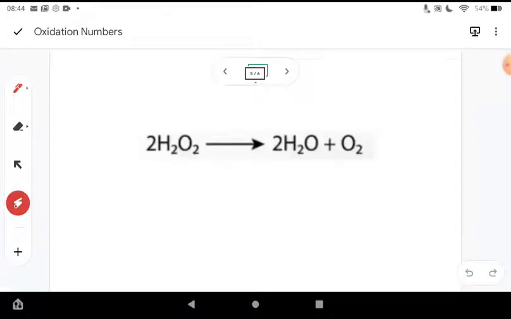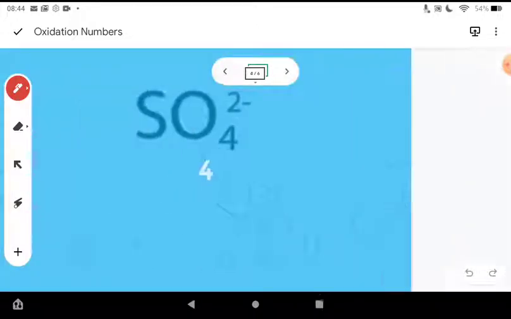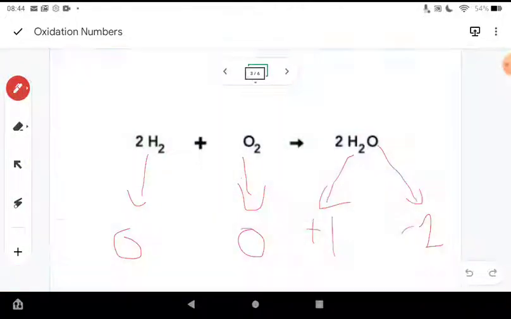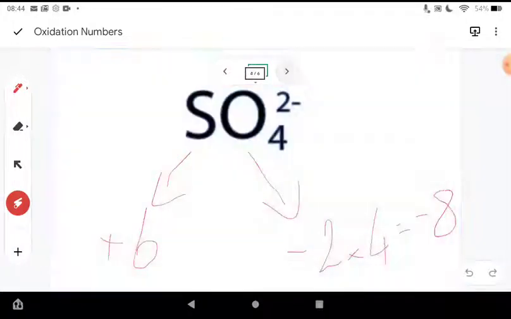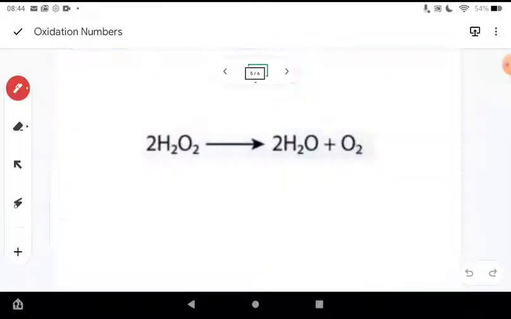Now, there is another type of oxidation reaction, because if we go back and we have a look at this reaction, the oxidation number of the oxygen goes down, so it's been reduced, and that's how we figure out which one's been reduced. The oxidation number of the hydrogen's gone up, so that's been oxidized. Well, if we give you this one as an example, hydrogen's always going to be +1.